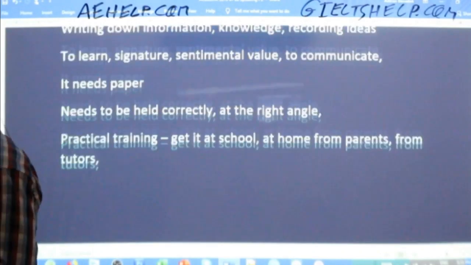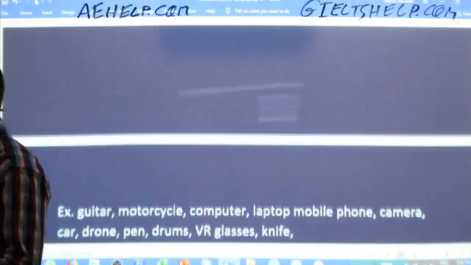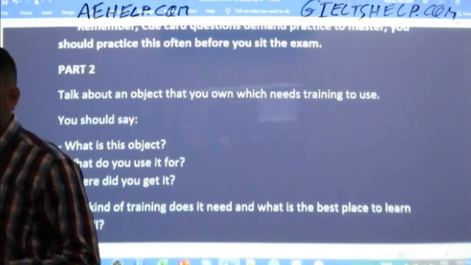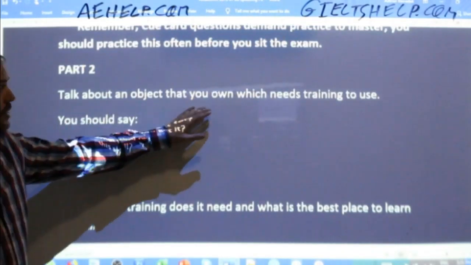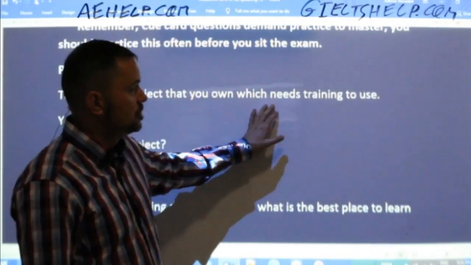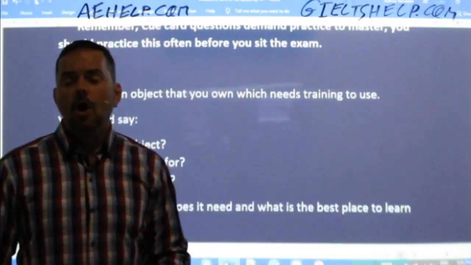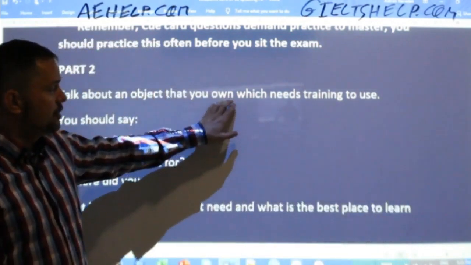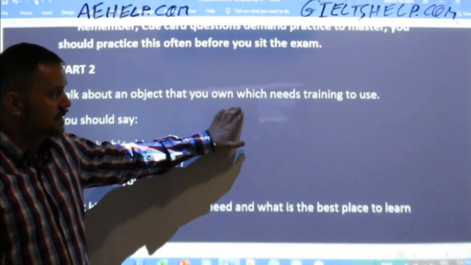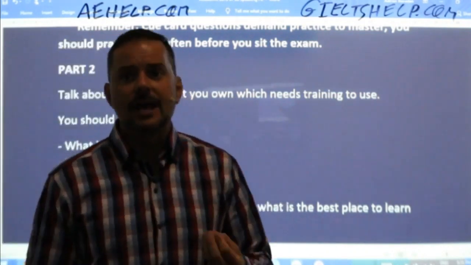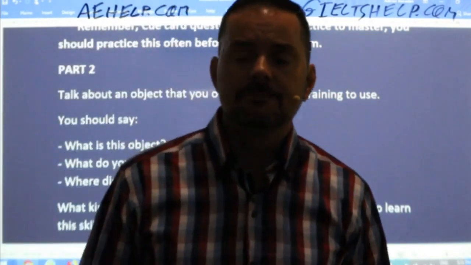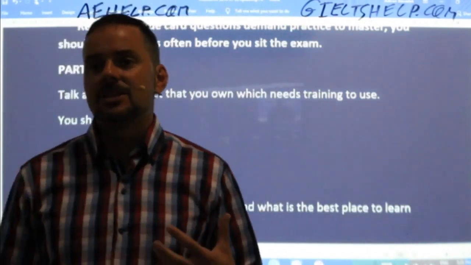Why? Because you're not answering the cue card question directly. Talk about an object that you own which needs training to use. Always think about that first topic sentence to give a clear answer. We're not talking about pens in general.